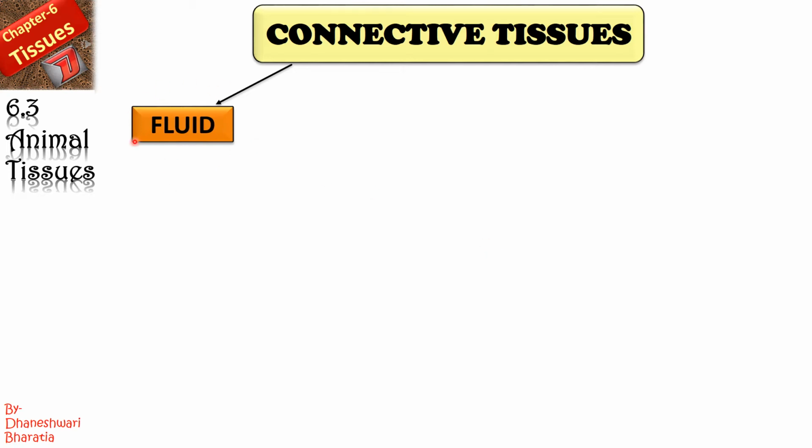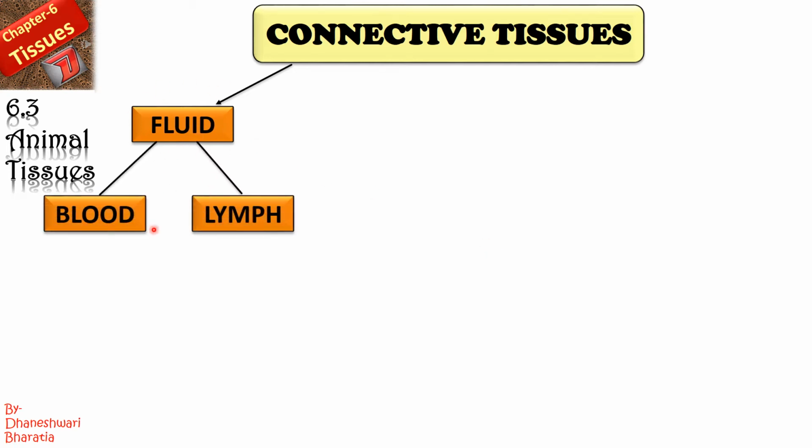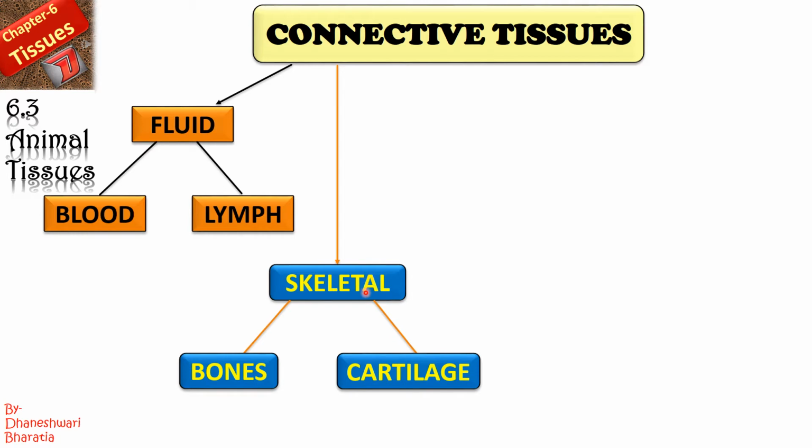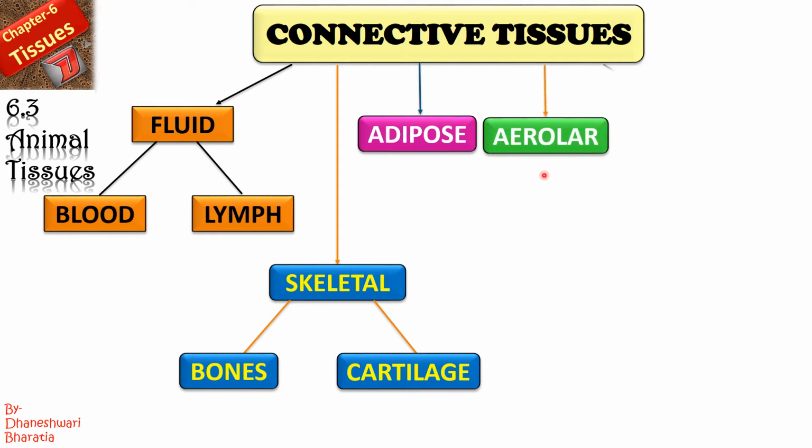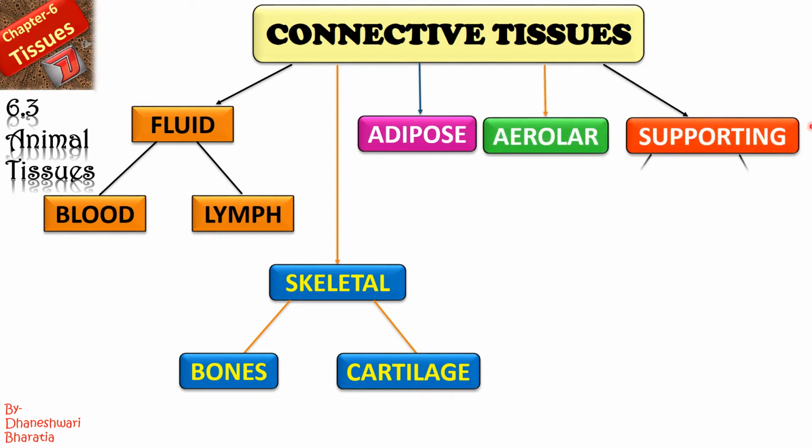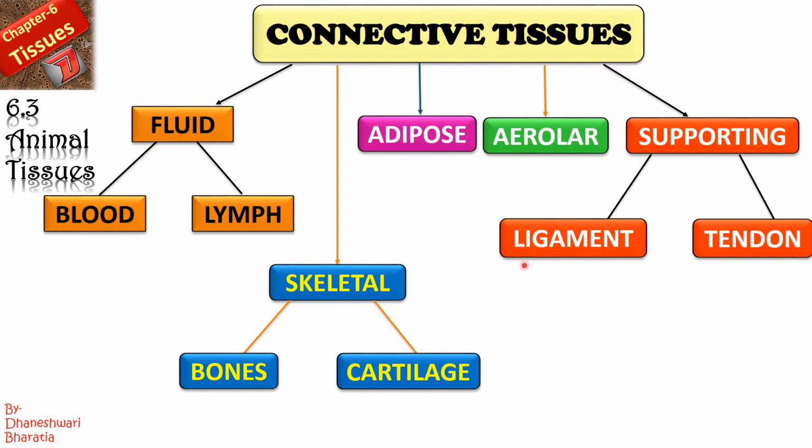Now let us talk about the types of connective tissues. First is fluid connective tissue, where we will be learning about blood and lymph. Next we have skeletal tissues, where we learn about bones and cartilage. Then we have adipose, areolar, and last we will be learning about supporting tissues, where we will be discussing ligaments and tendon.